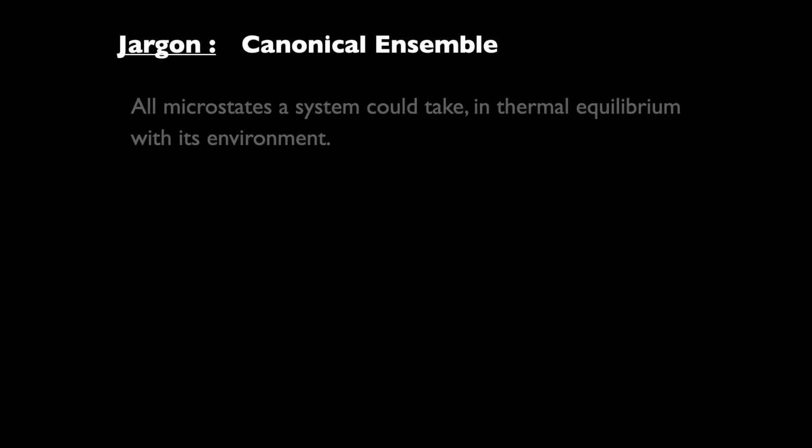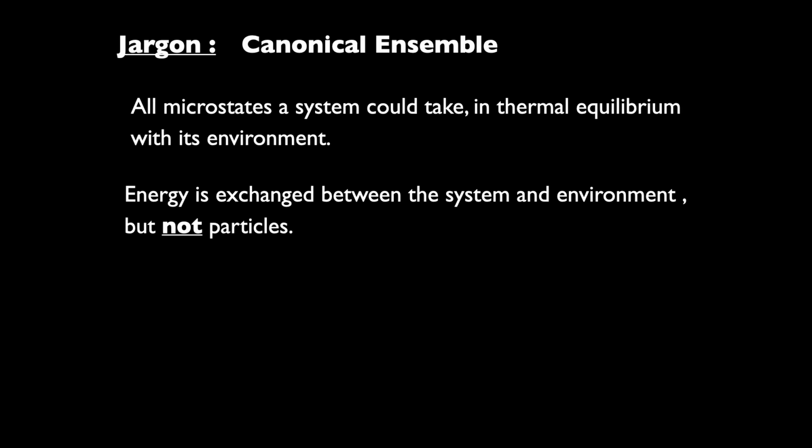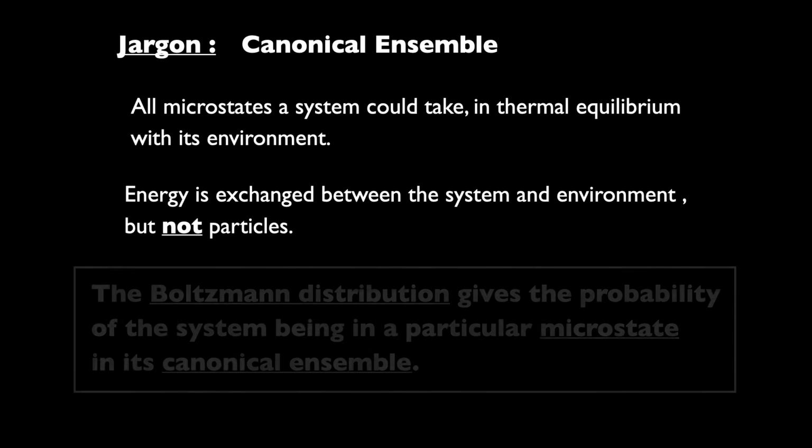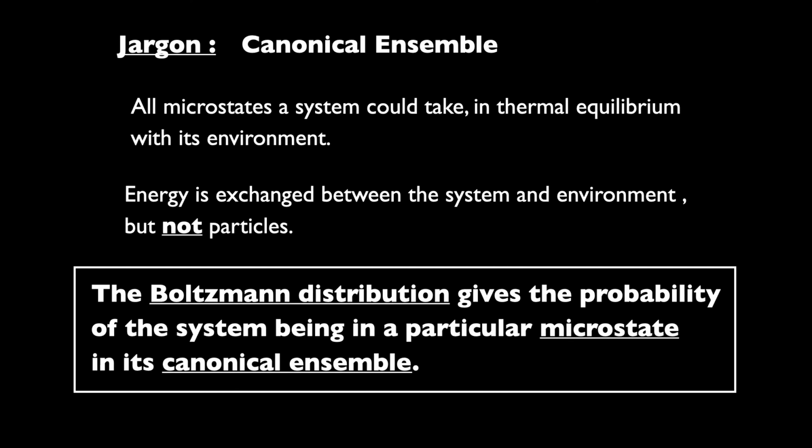The canonical ensemble of a system is the set of all possible microstates it could take when in thermal equilibrium with its environment. Energy is exchanged between system and environment, but not particles. The Boltzmann distribution gives the probability of a system being in a particular microstate of its canonical ensemble.